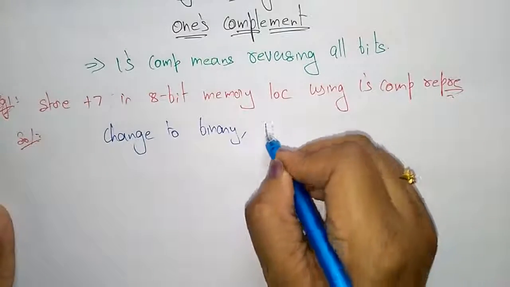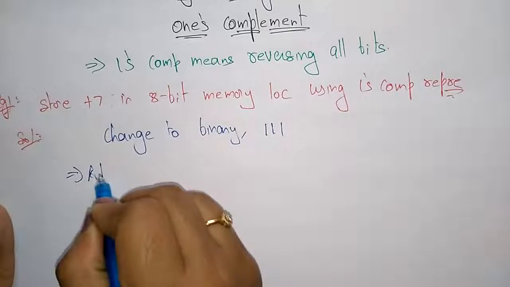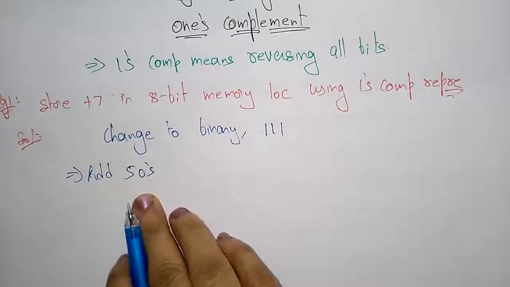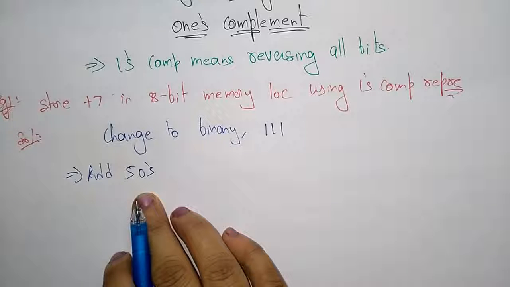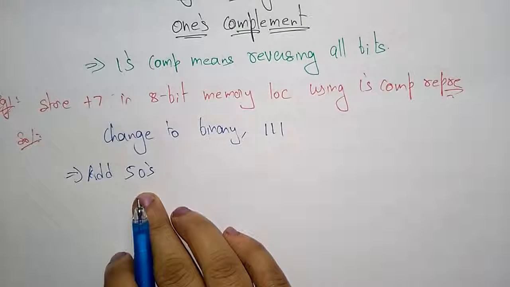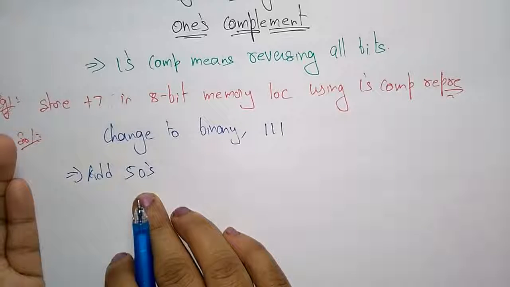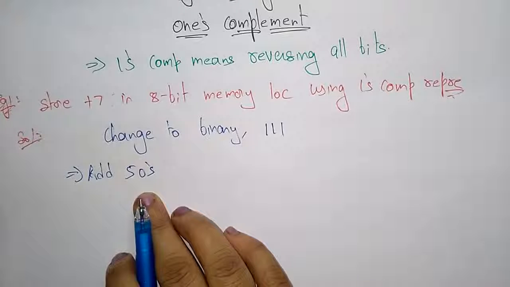Change to binary: 1 1 1. Now I add 5 zeros. Why in sign magnitude did I add only 4 zeros? Because the leftmost, most significant bit represents the sign. If the number is positive, that bit is 0.